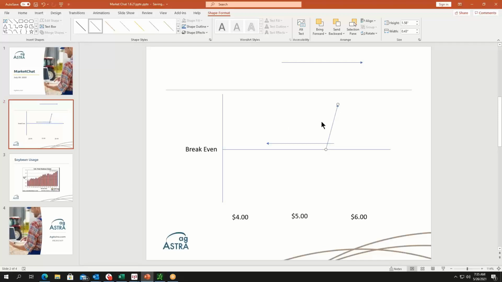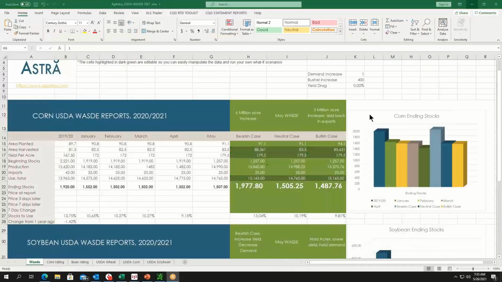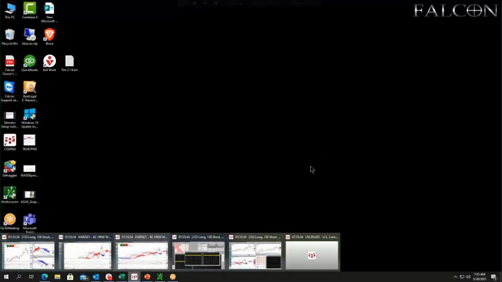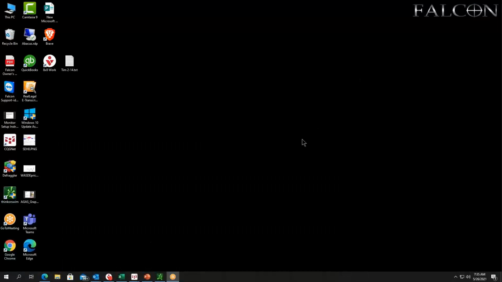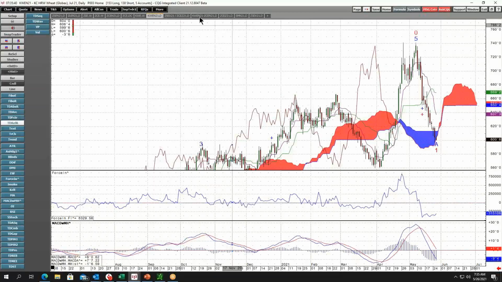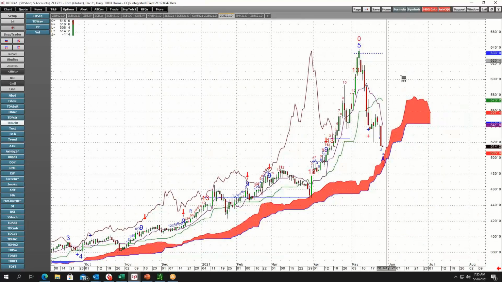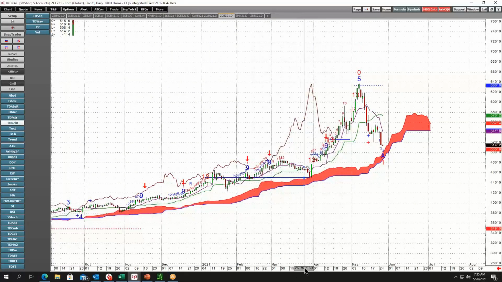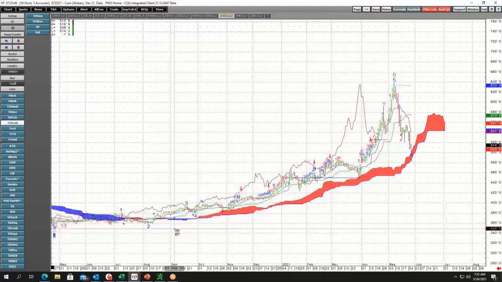So why are we going through all that? Well, because when you look at corn here recently, hold on, let me get my corn chart up. There we go. All right, so when we look at new crop corn, where would you have started hedging, and what would it have cost you to hedge?